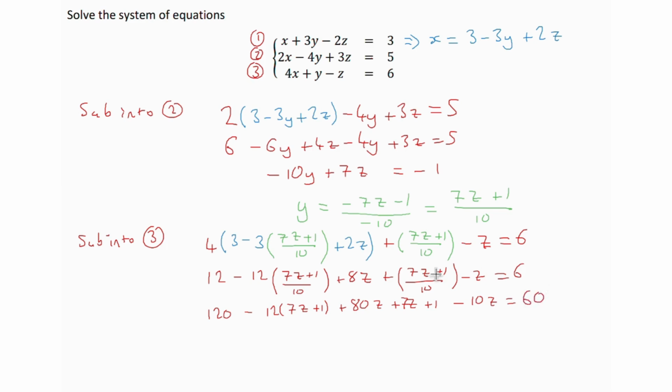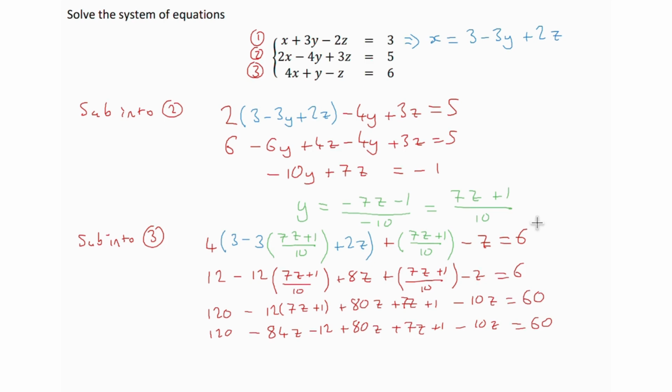Multiplying everything by 10. 120 minus 12 times 7 is going to be 84z minus 12 plus 80z plus 7z plus 1 minus 10z equals 60.